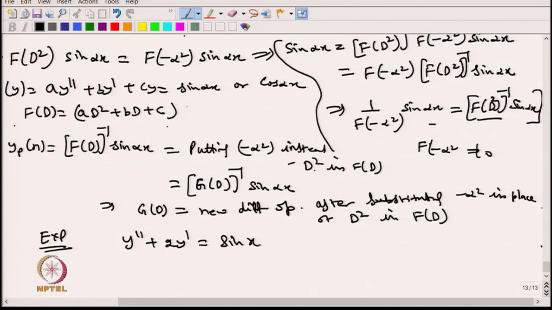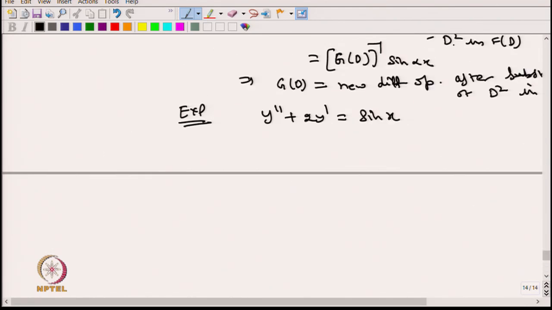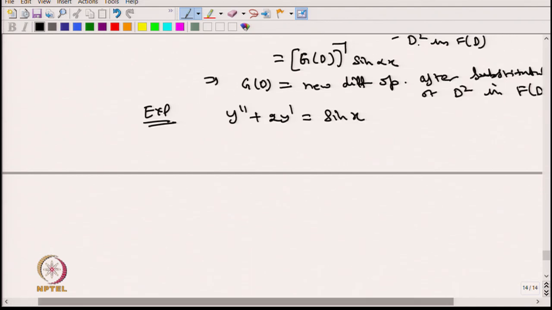In this case I want to find my solution. So, my differential operator can be written as D square plus 2D, y is equal to sin x.